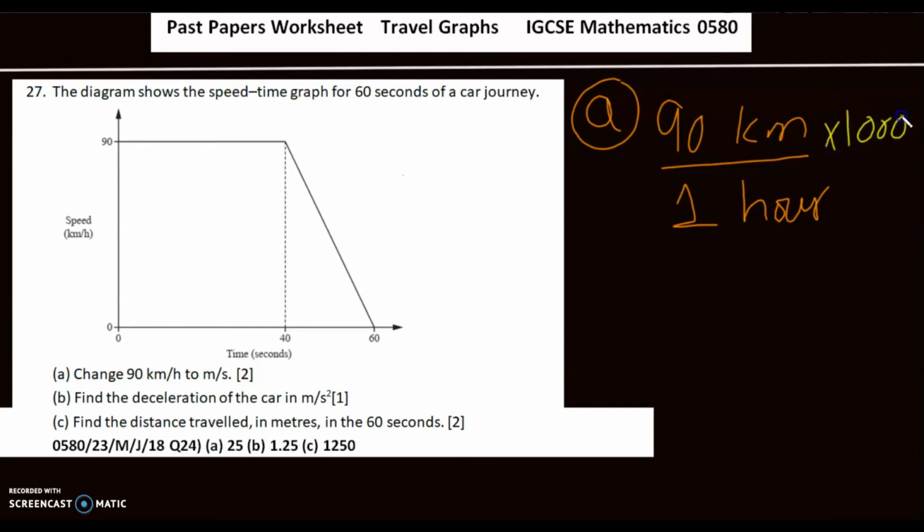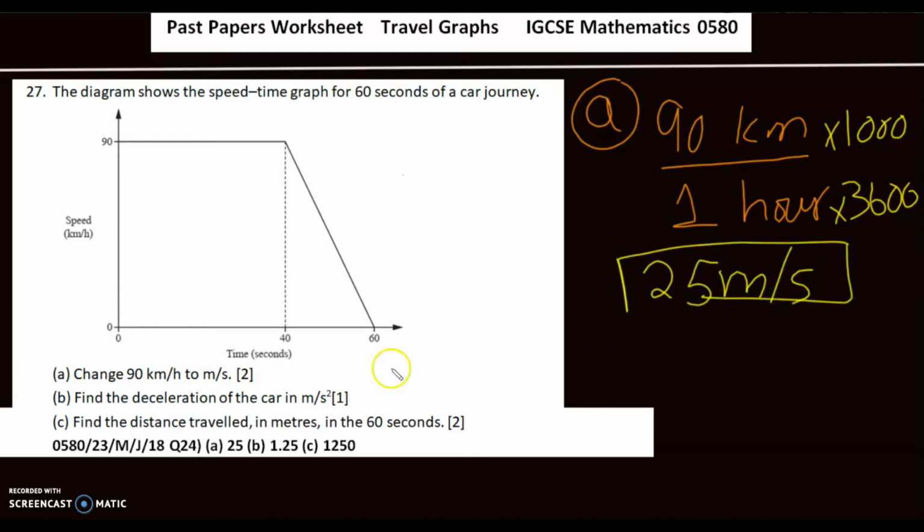And then we're changing hours to seconds, so we're multiplying it with 3600. Numerator 90 times 1000, denominator 1 times 3600, which gives 25 meters per second.